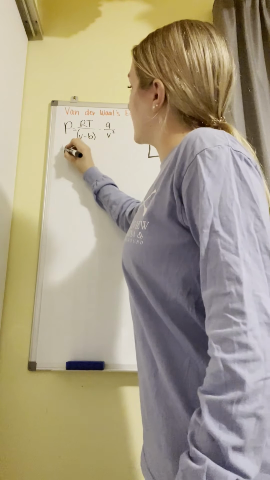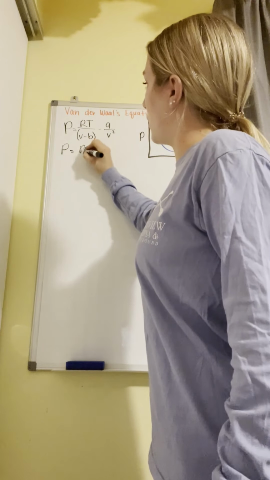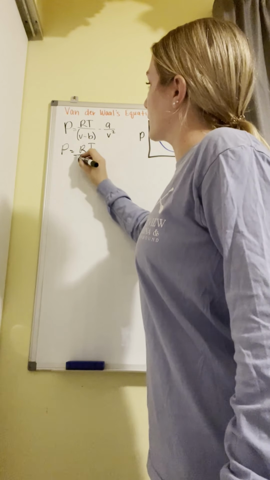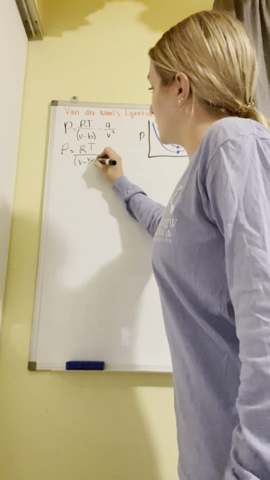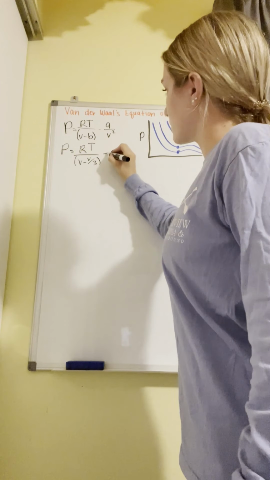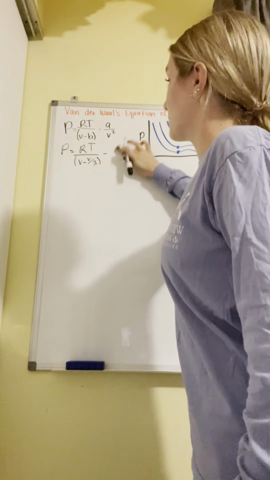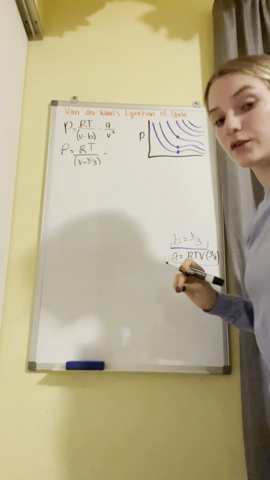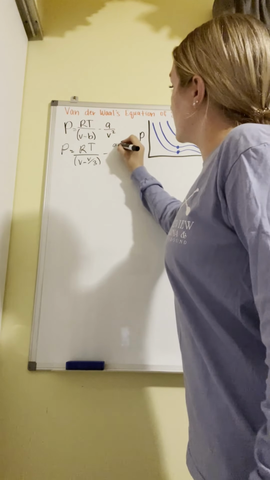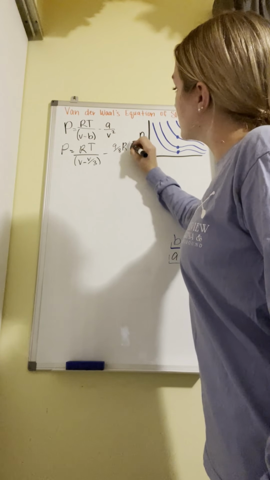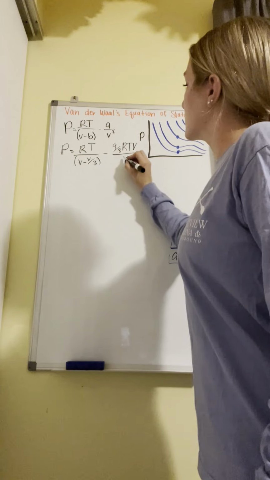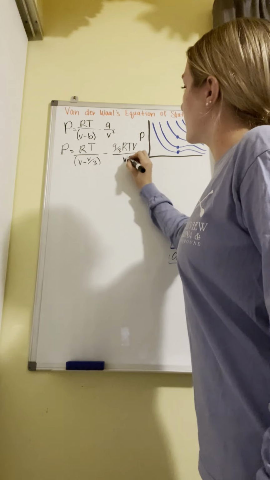So we are going to get P is equal to RT over V minus, this is where our new B comes in, V over 3, minus A, but we have to put the new value for A in, so it is going to be 9/8 RTV on top divided by V squared.